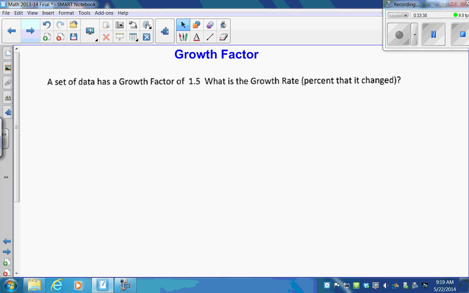Growth factor. My growth factor is something that we have not talked about in a long time. Growth factor is part of exponential equations, and this is on your scrap sheet because you'll see something like this on the test. Let me flip through my notes real quick.